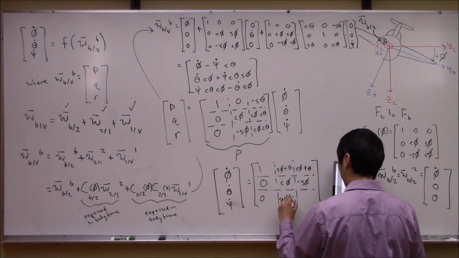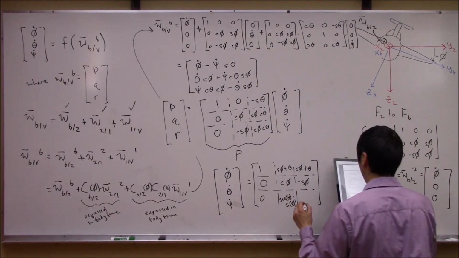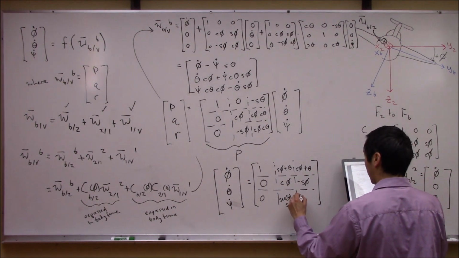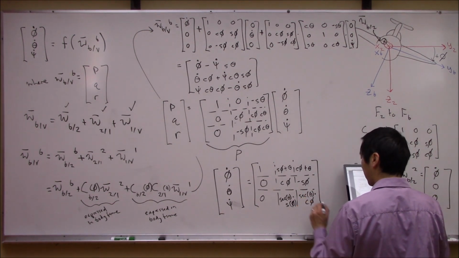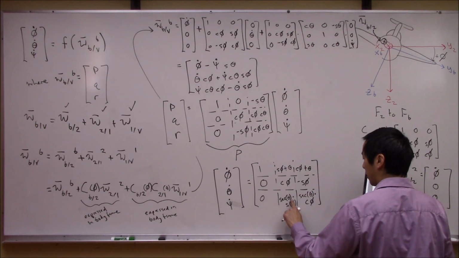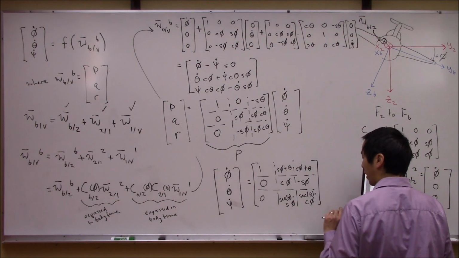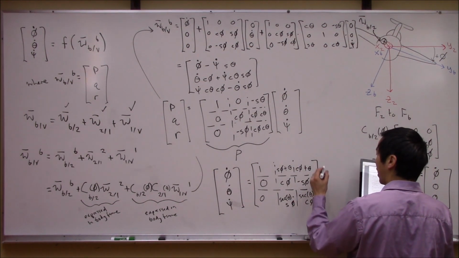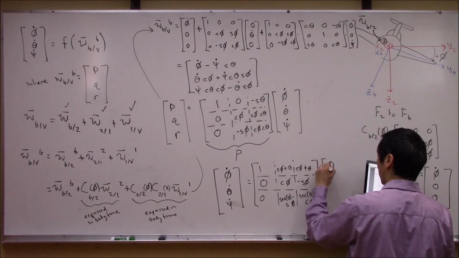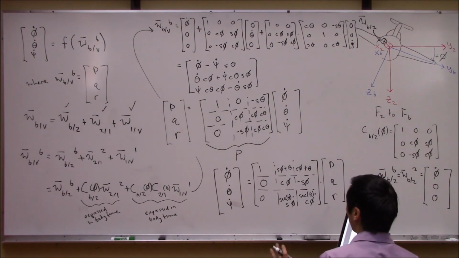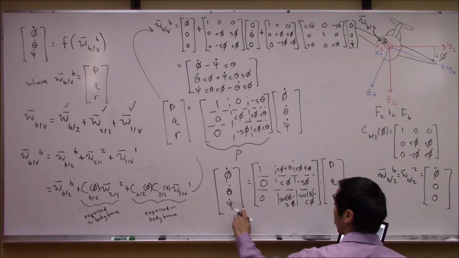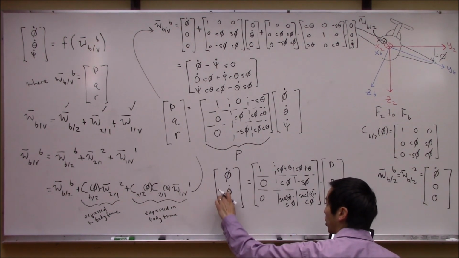That should be a multiply, I don't think that's a divide. And then a secant theta times cosine phi. That's what we ended up with, right? That times P, Q, R.